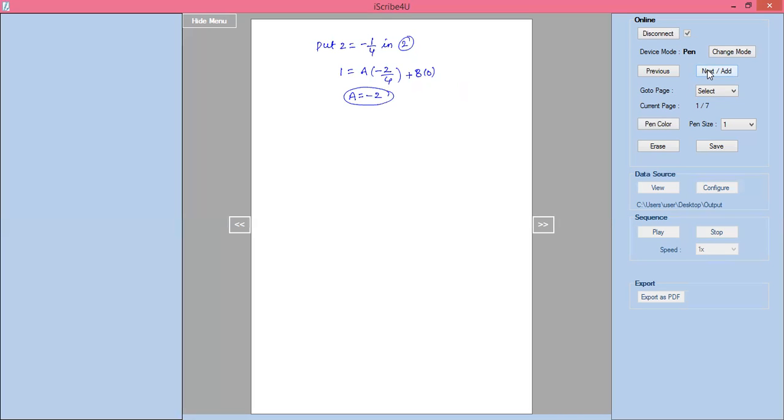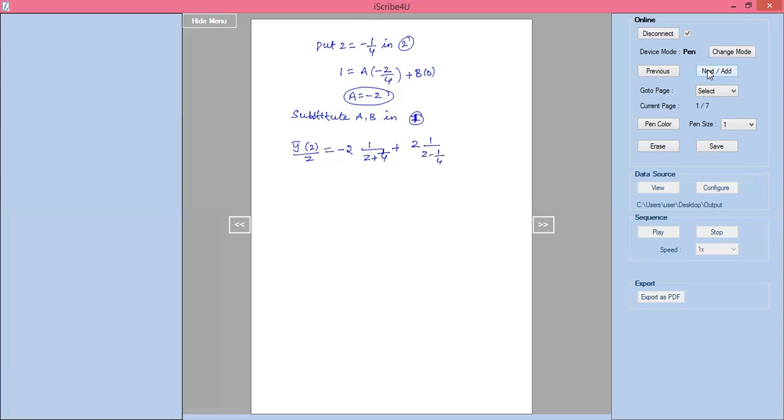Now, we can substitute a, b in the equation. So y bar of z divided by z equal to a, which is minus 2, into 1 divided by z plus 1/4, plus b, which is 2, into 1 divided by z minus 1/4.